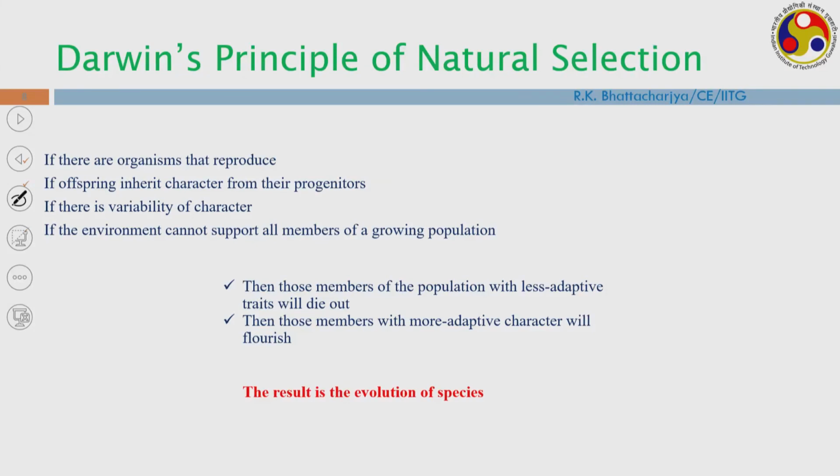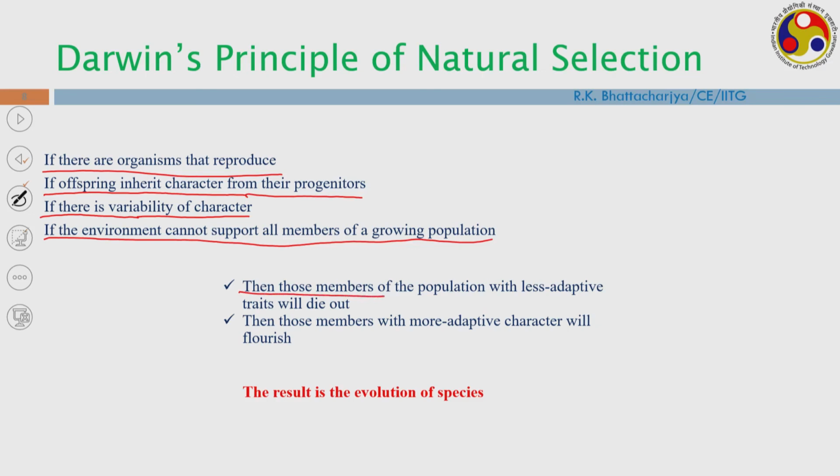Now, what is Darwin's principle of natural selection? The principle says if there are organisms that reproduce, if offspring inherit characters from their progenitors, so whatever characteristics they have, they inherited from their parents, if there is variability of character among the individuals of the population, and if the environment cannot support all the members of the growing population, then what will happen?